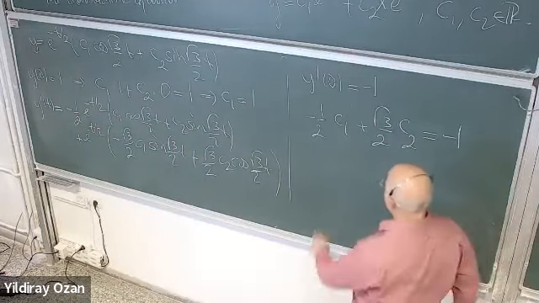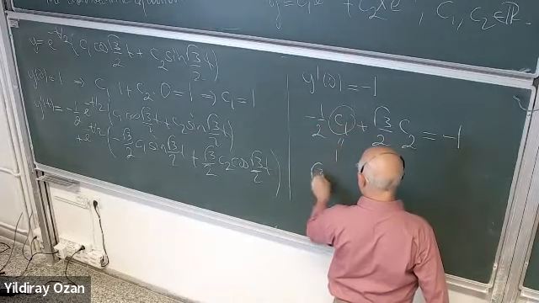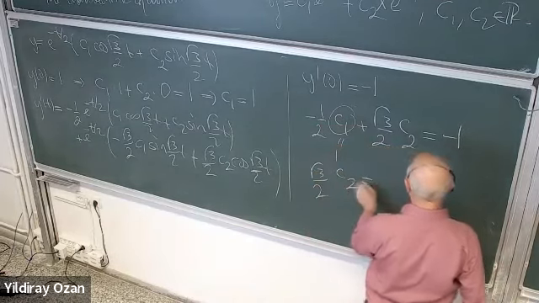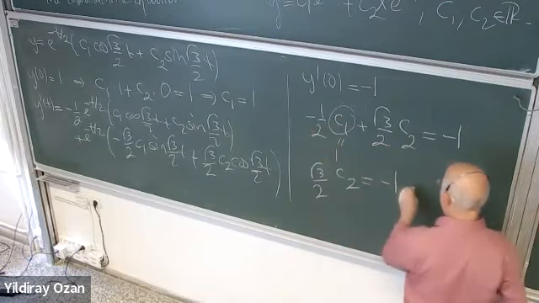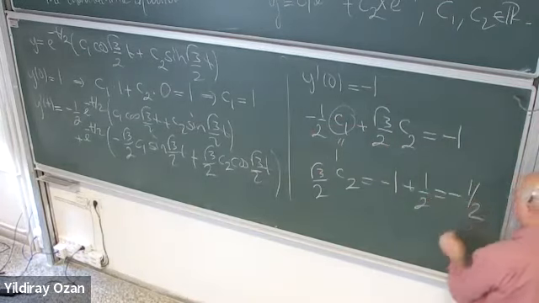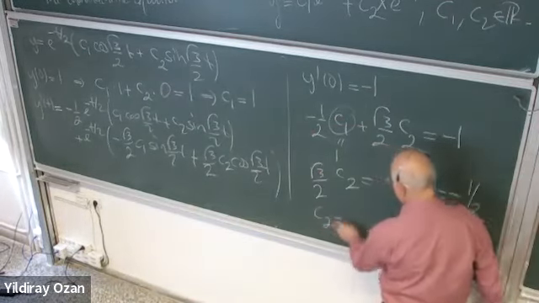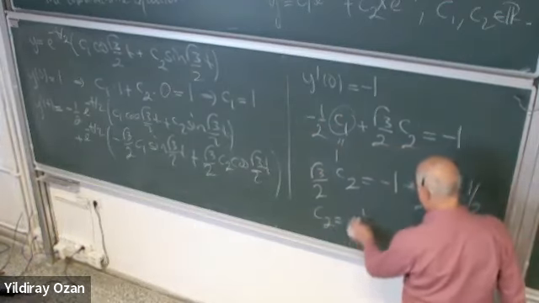C1 was already 1, right? So root 3 over 2 C2 is just minus 1. Here is minus 1 over 2, plus 1 over 2 comes here, so this is again minus 1 over 2. So C2 is just minus 1 over root 3.